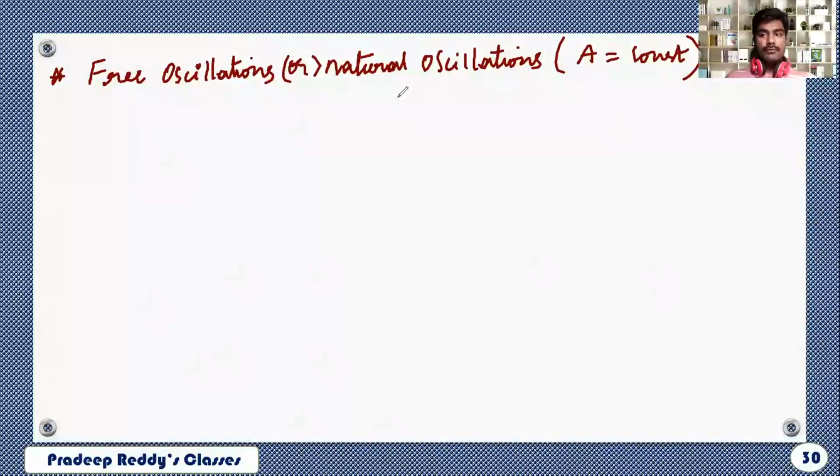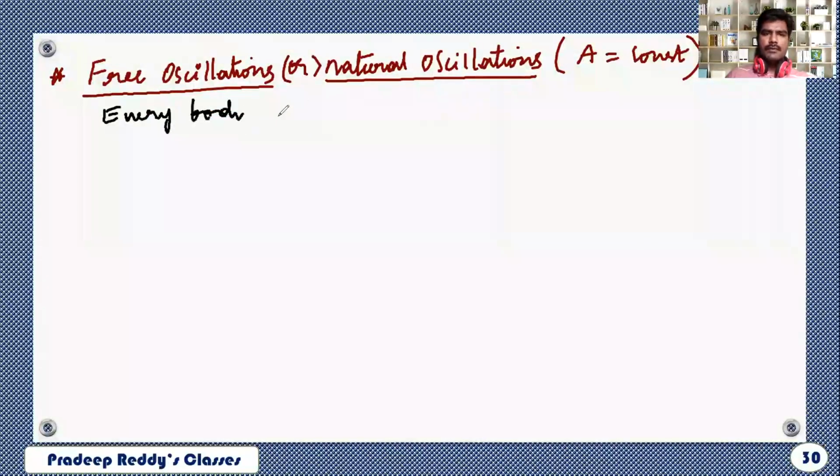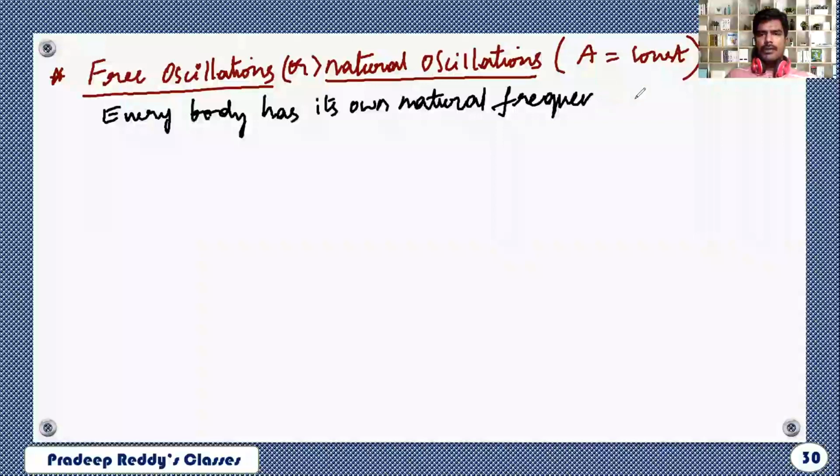Every body will have its own frequency, and with that frequency, if the oscillations are made, then such oscillations are called free oscillations or natural oscillations. So every body has its own natural frequency.